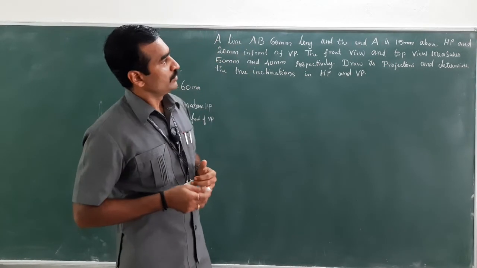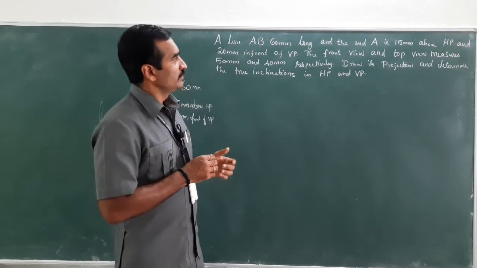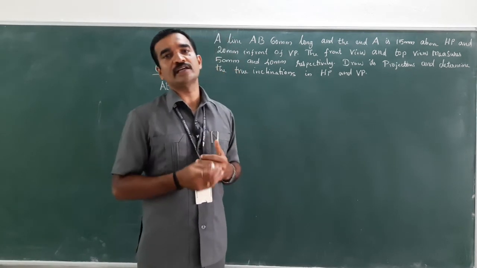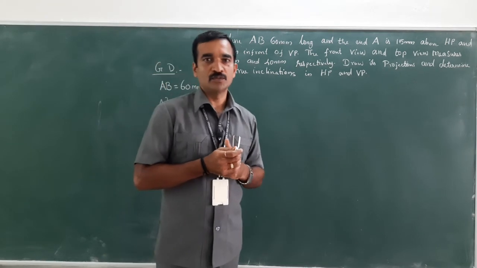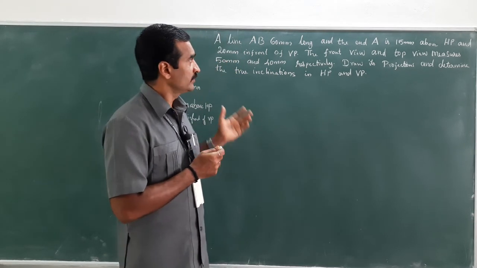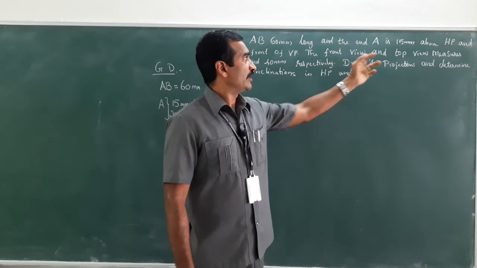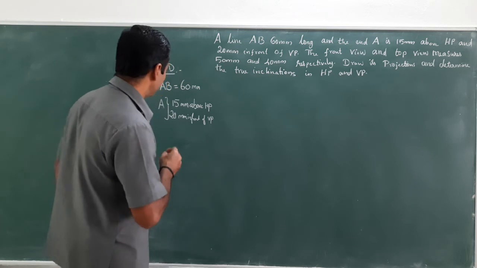Here, if you refer to the previous problems, either the true inclination with HP or the true inclination with VP and other locuses would have been mentioned. Here, straight away the front view length and the top view length have been given, right?